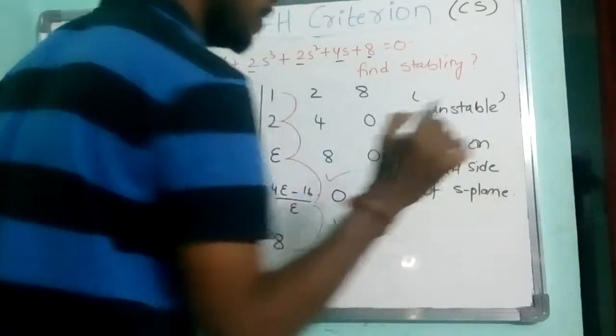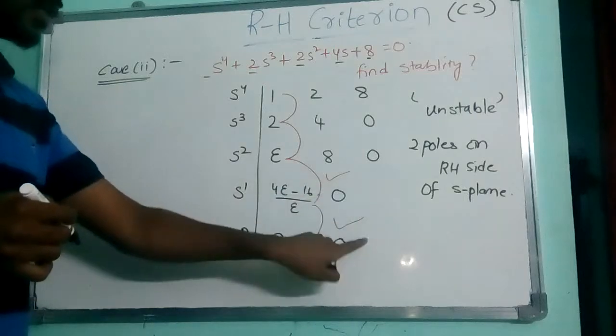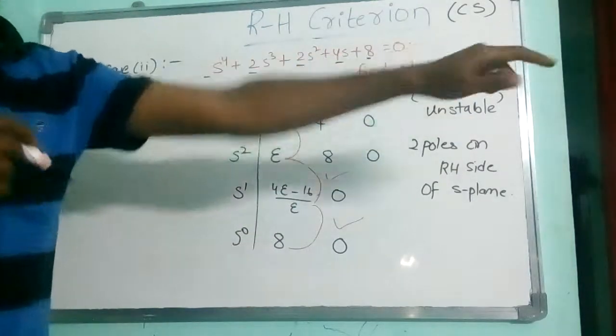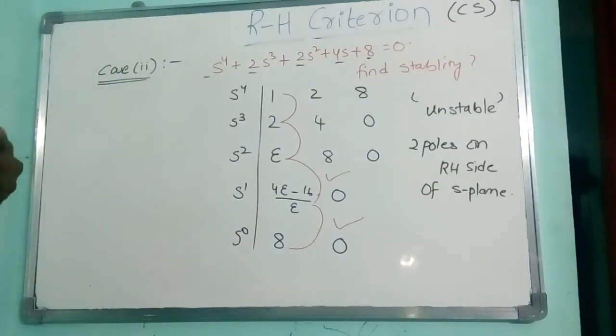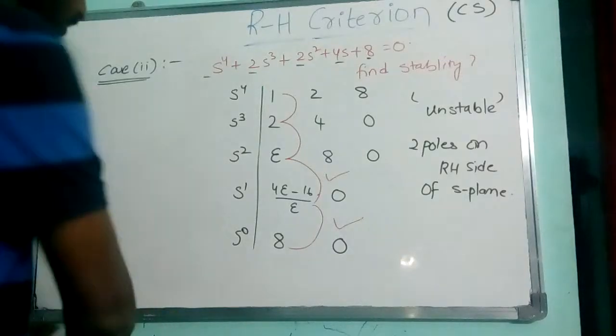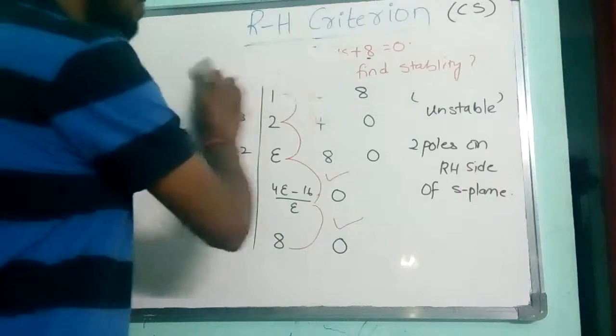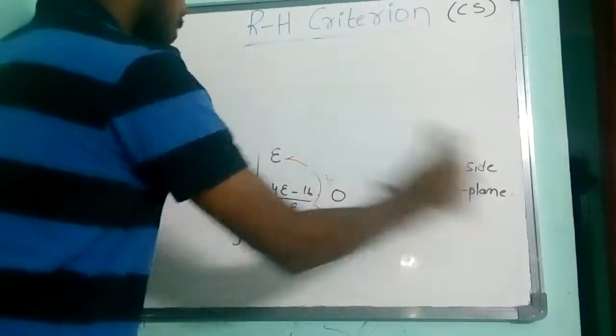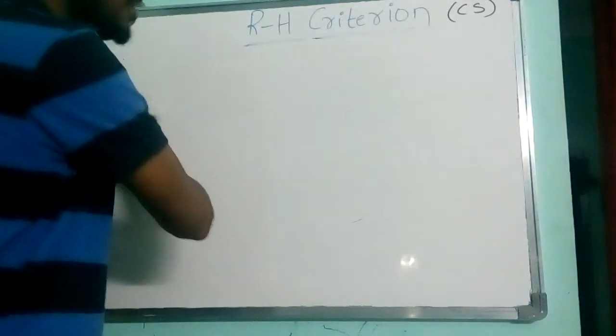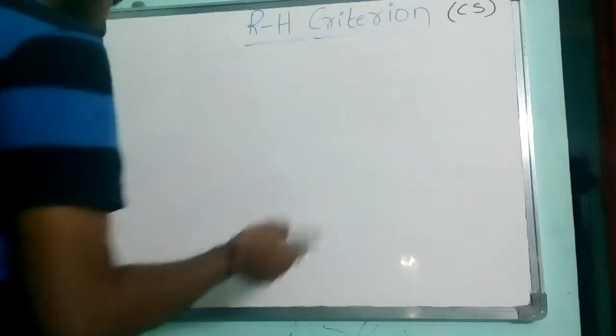This is very important. We have two sign changes, so two poles on the right hand side of the S plane. The given system is not a stable system. Now, the next question. Then the next case we will go to.